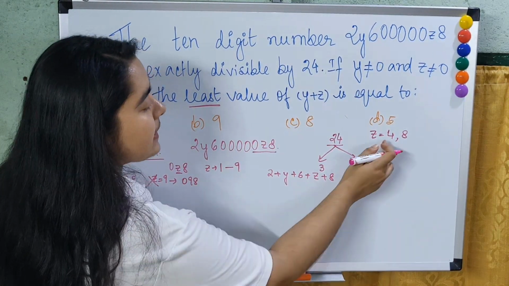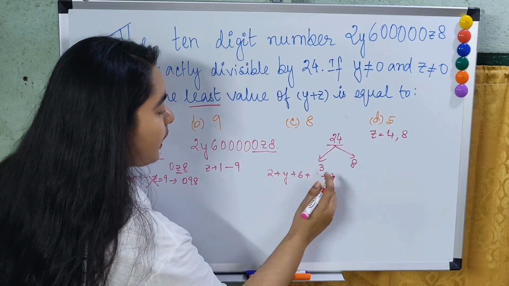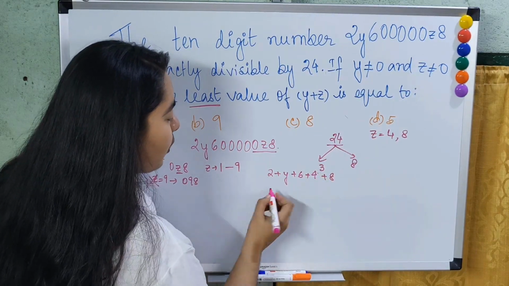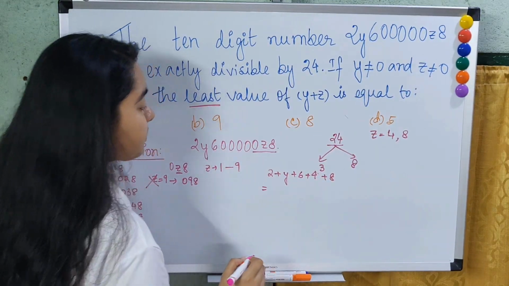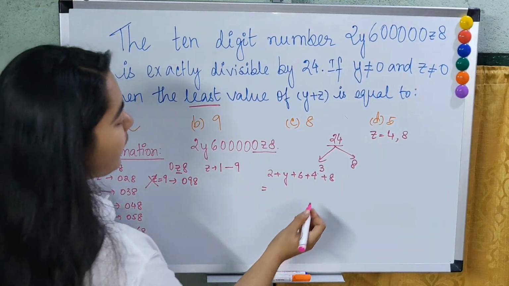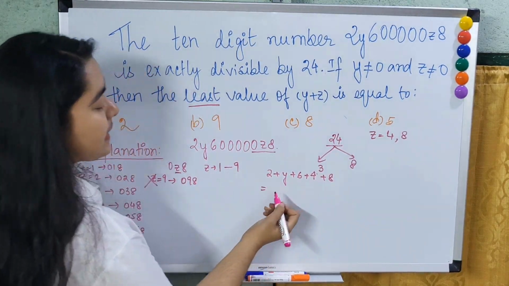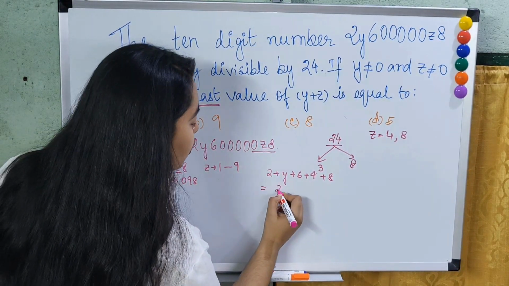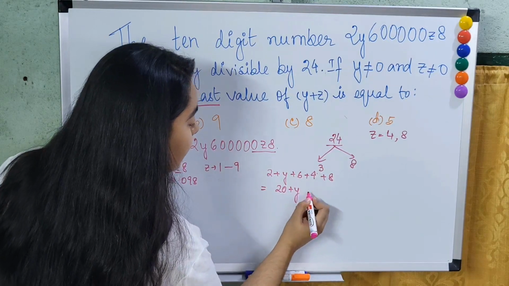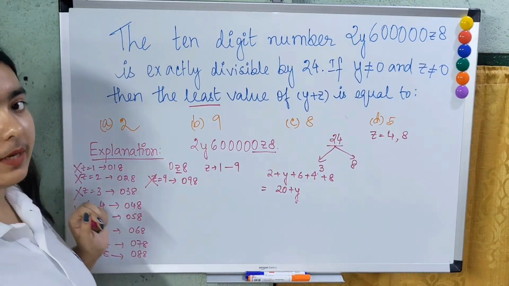Now we take z is equal to 4 first. Then we have 10 plus 10, that is 20, so 20 plus y must be divisible by 3.